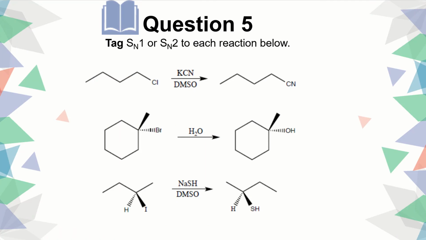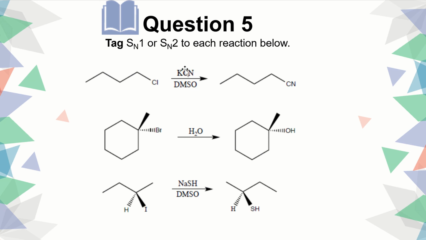So this leads us to question 5, which asks you to tag SN1 or SN2 to each reaction below. So take a minute and analyze. Perhaps you want to go back to the previous slide just to see what kind of substrate we are looking at here. And look at the bases.